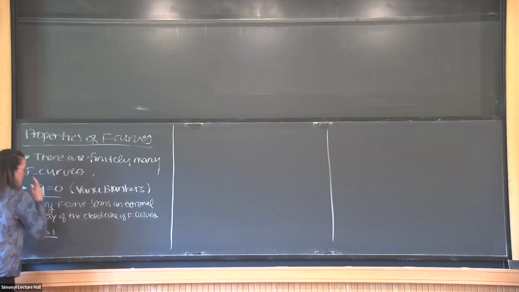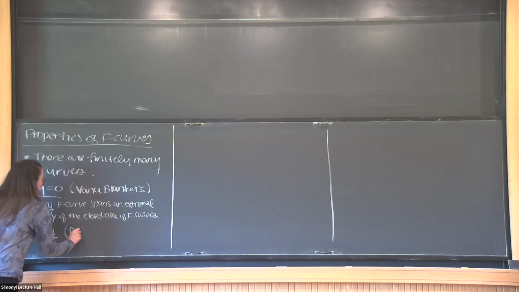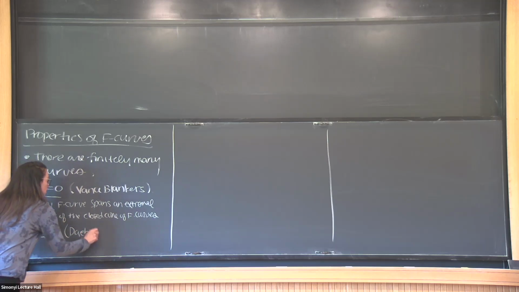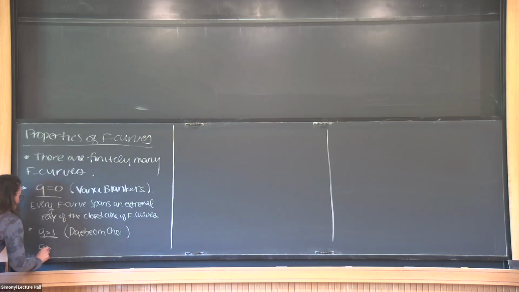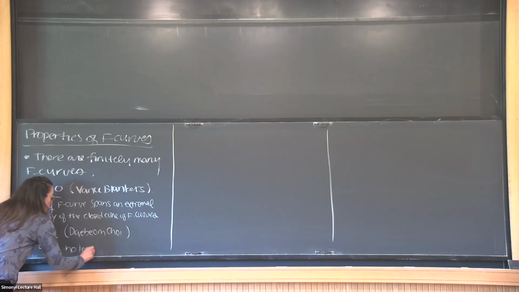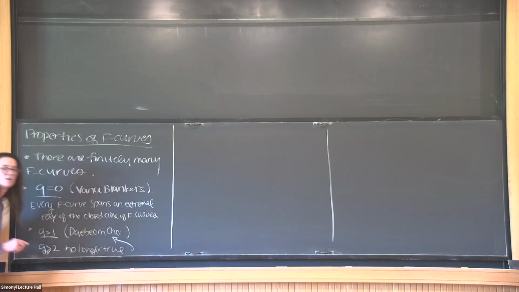This was proved by my student, Dae-Bum Choi. But in genus greater than or equal to 2, this is no longer true. Dae-Bum showed that once you go to genus 2 and higher, then you start having relations between single F curves. I think that's interesting.